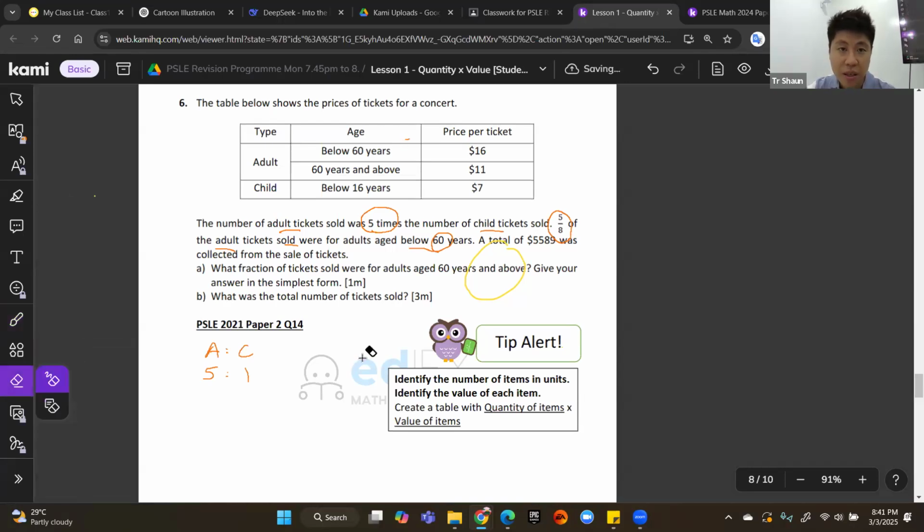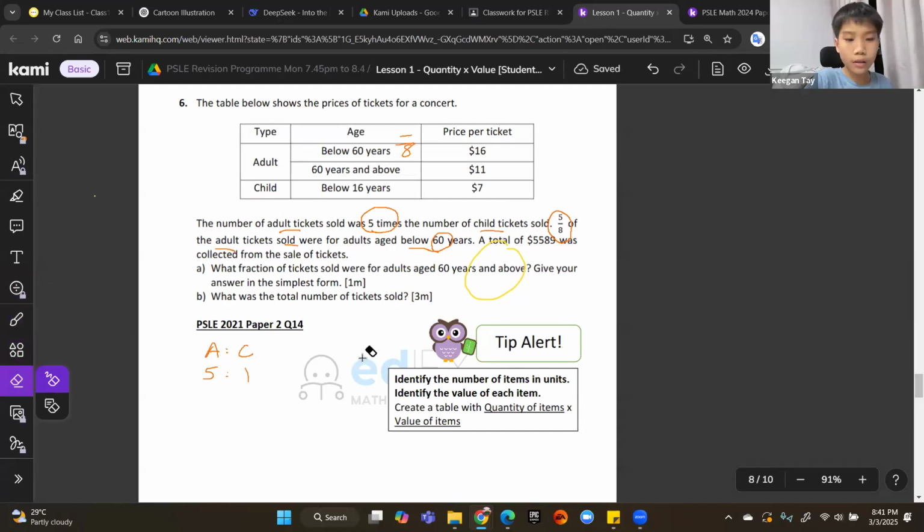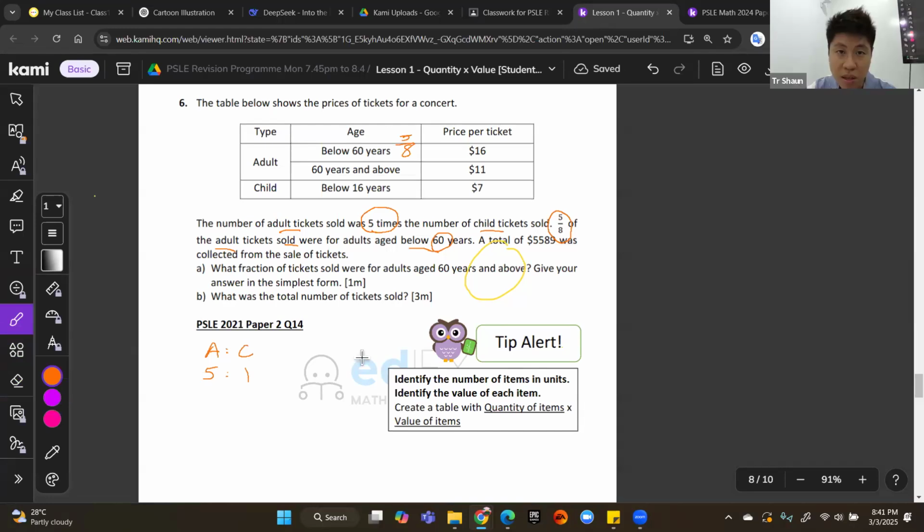So 5/8 is here. What remainder is 60 and above? If 5/8 is there, how many eighths? 3. 3/8. Yes. Okay, so it's 3/8.